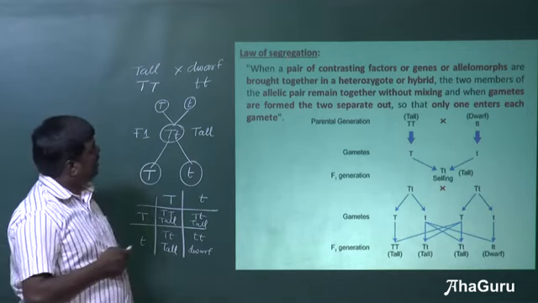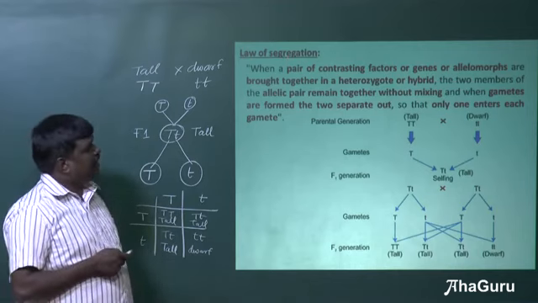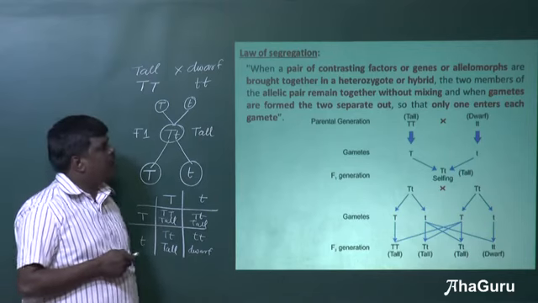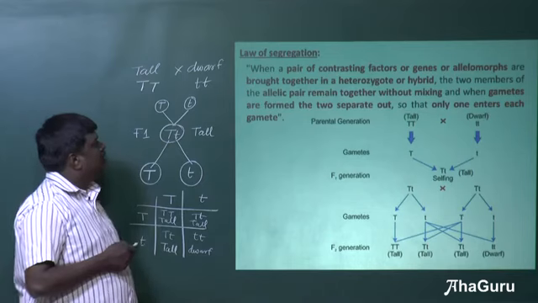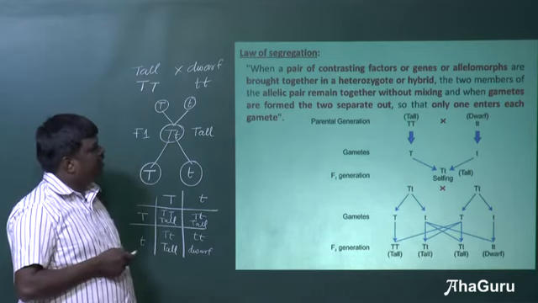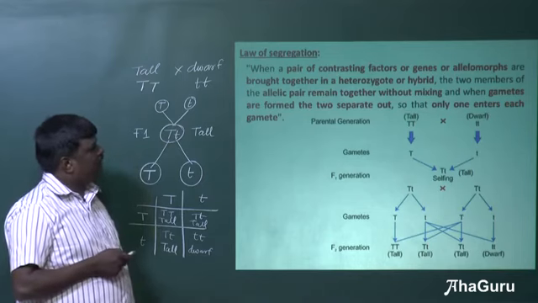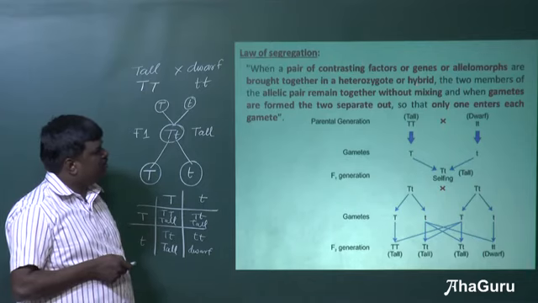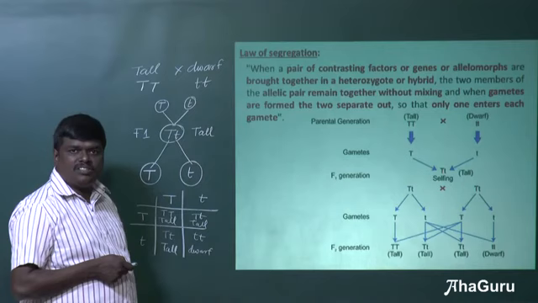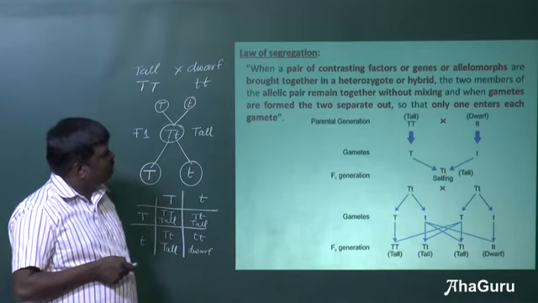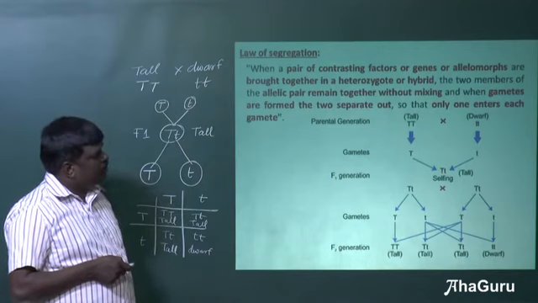That tells us that when a pair of contrasting factors or genes, allelomorphs meaning a contrasting pair of characteristics, are brought together in a heterozygote or hybrid, the two members of the allelic pair, here capital T is the tall plant and small t is the recessive plant, remain together without mixing.